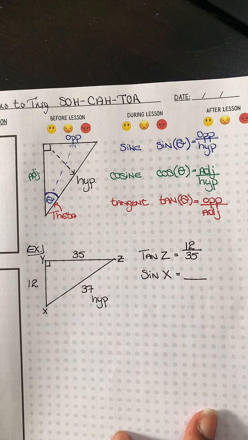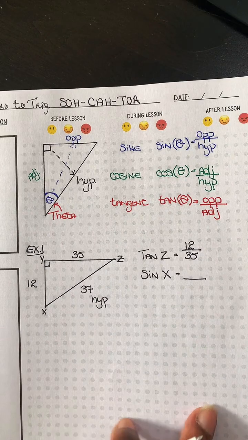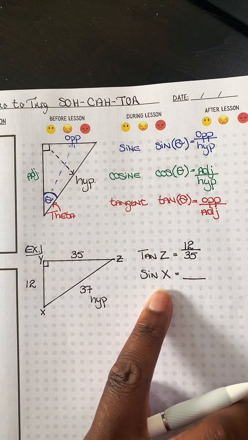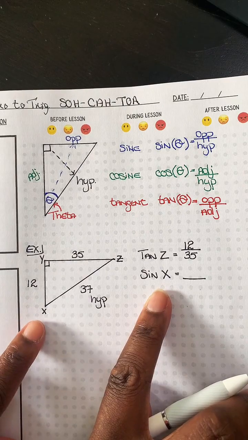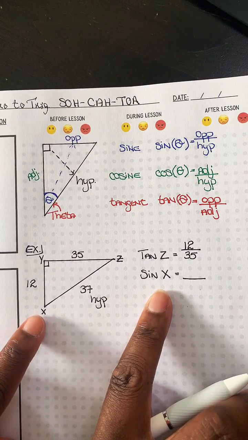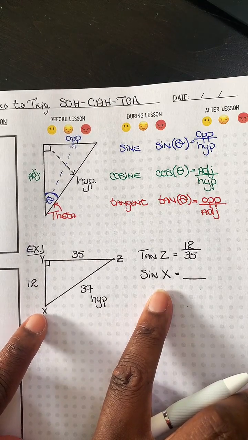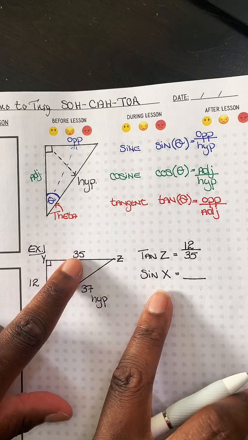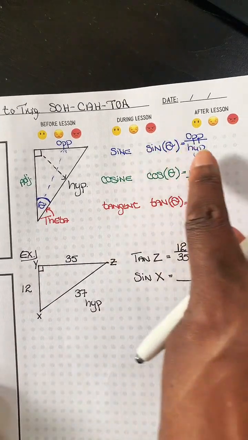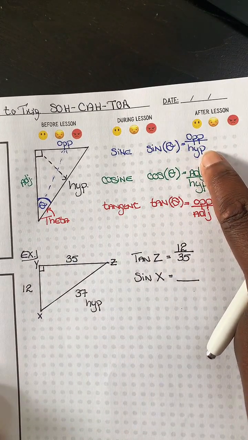Okay. So remember, we're looking at the sine of X. So we're looking at angle X. This is going to be my theta. So opposite angle X, there we go, is 35, but my hypotenuse, remember, sine is opposite over hypotenuse.